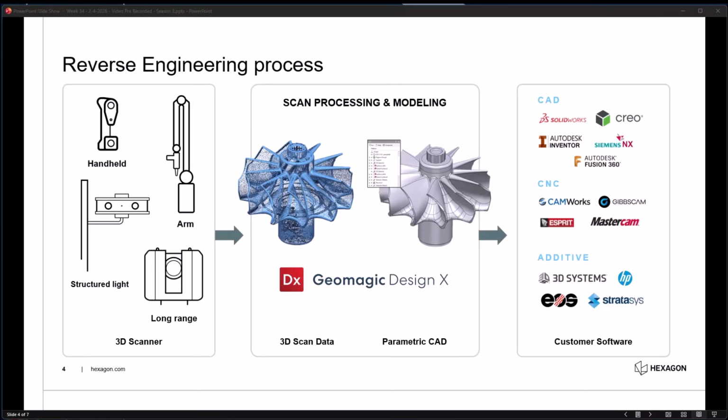Design X is really a CAD platform that utilizes our own scan kernel that we have built from the ground up internally, which allows us to handle all that scan data as native entities, bring that in, and process it in a way that we can extract model information from it, whether it's CAD model information. Sometimes people want to go straight over to additive, as you can see on the right-hand side.